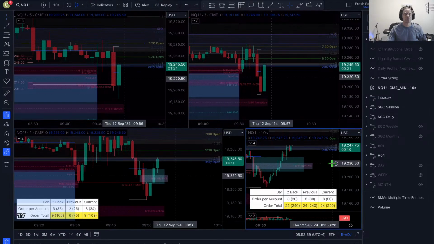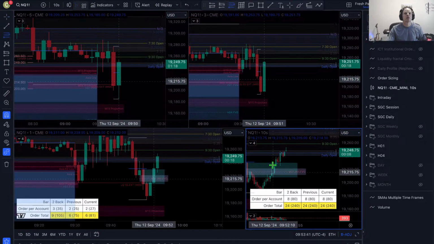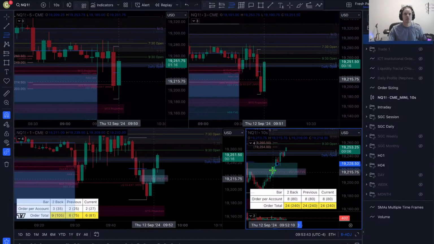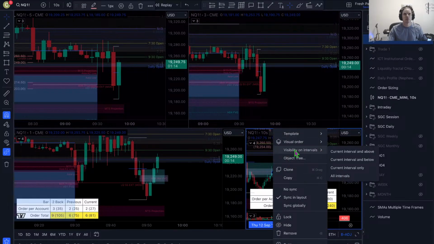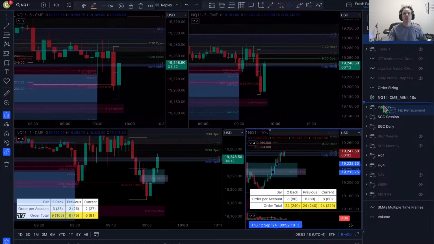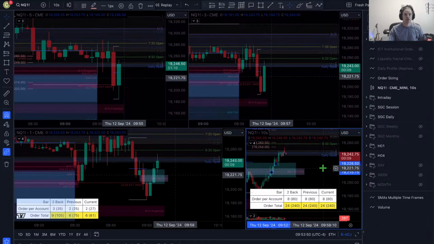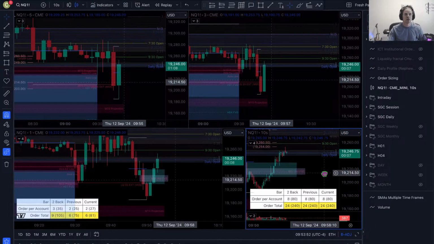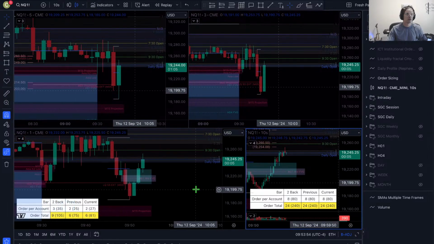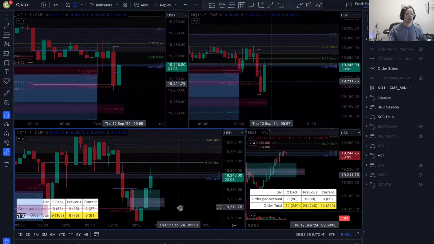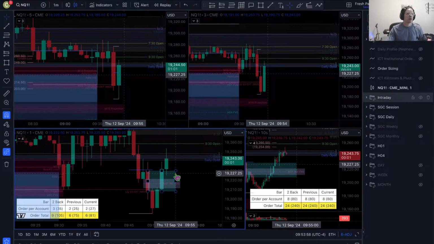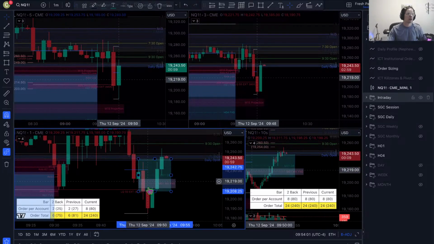But what I want to see is, where does that put us? So we're at that projection. That's the S10 projection that we just hit off of that jump start right here. At this point, if we close up here, this is a breaker block now.